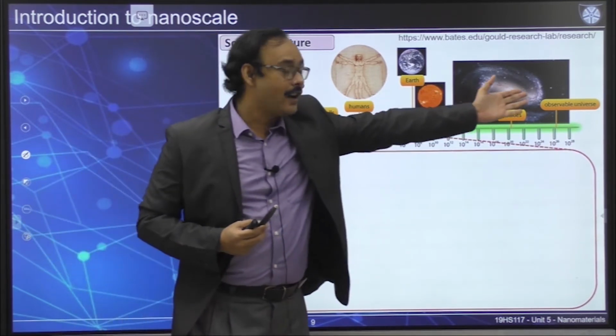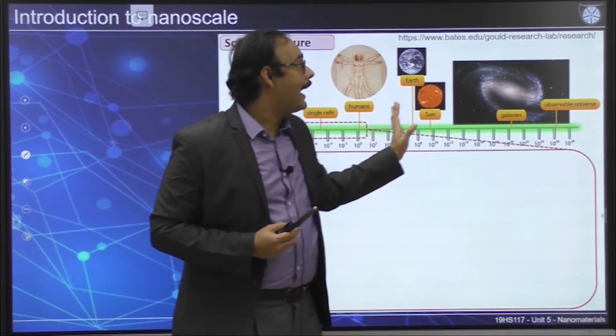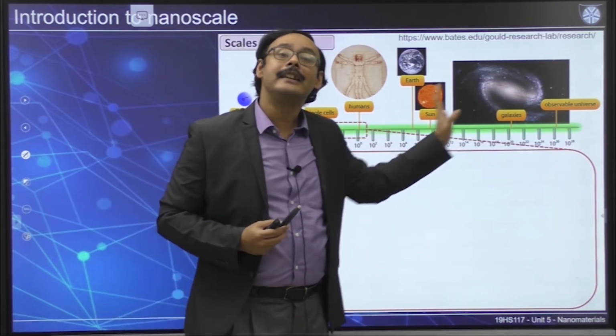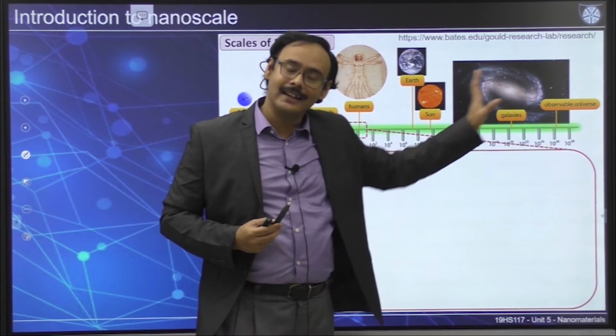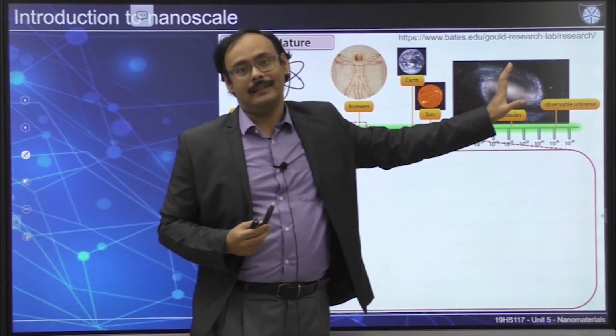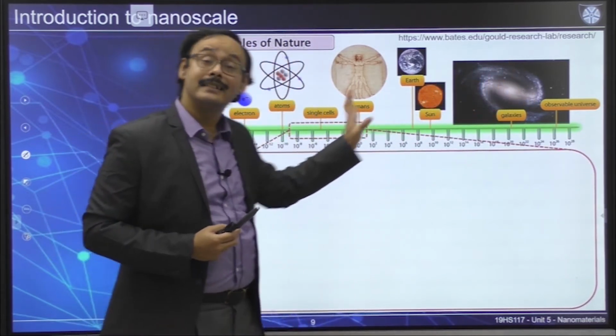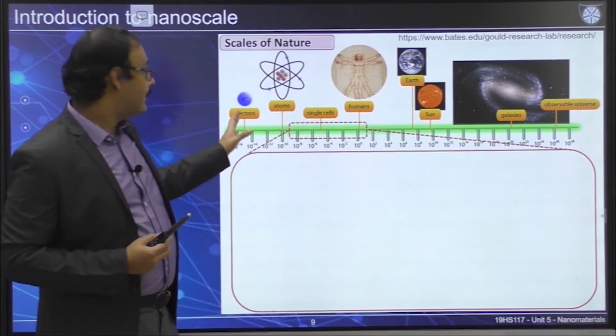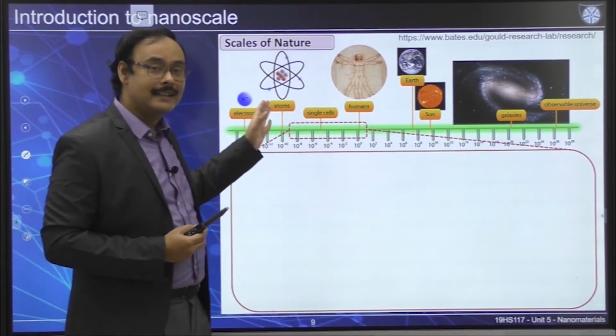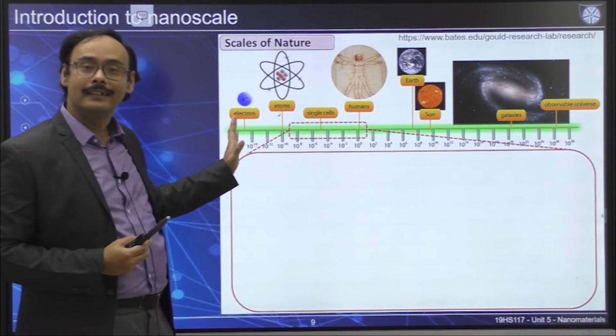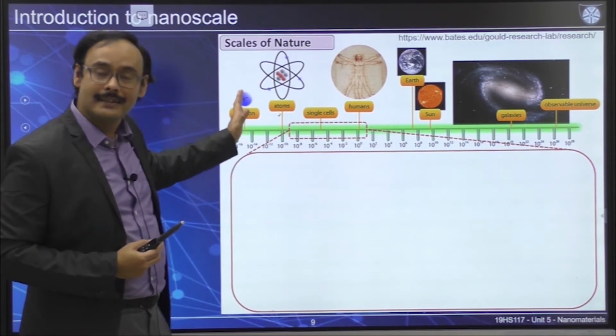So galaxies observable in here, these are actually huge material. This is on the larger side of the scale. You cannot see an electron, you cannot see an atom, so this is at the lower side, right? This is probably the lowest side.